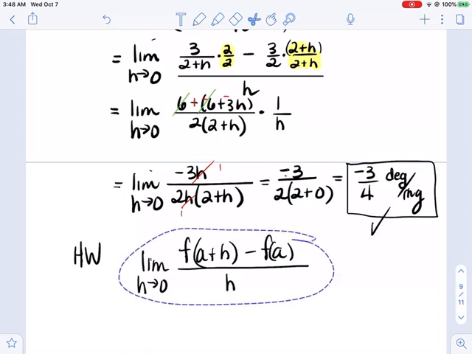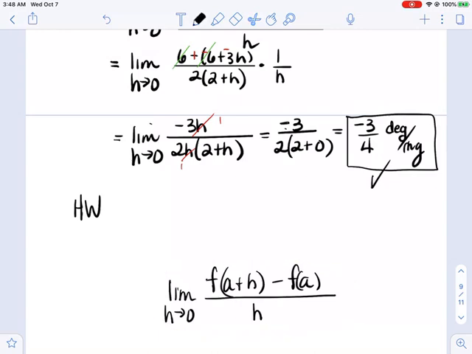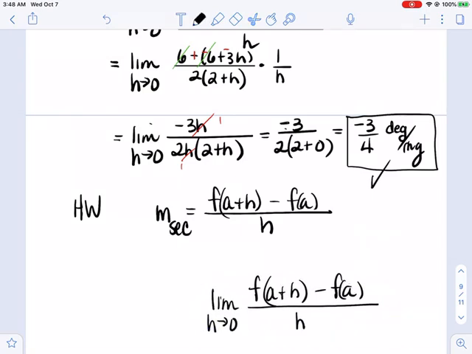But moreover, let's split them up: the slope of the secant line is just that f of a plus h minus f of a over h. And the only difference here is that when we find the slope of a tangent line, we add that limit process to the whole mix, and take the limit of the difference quotient.